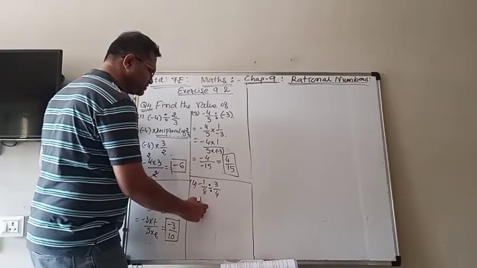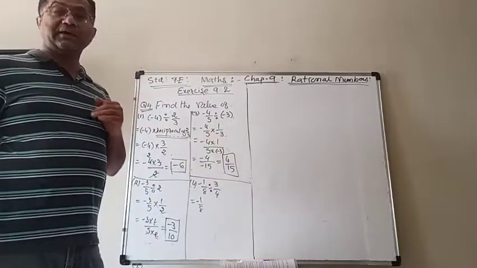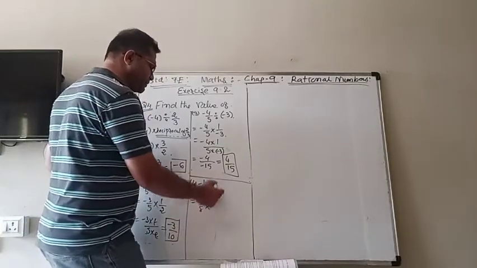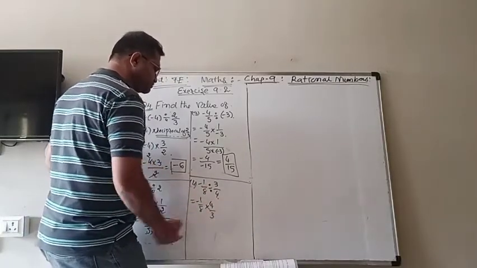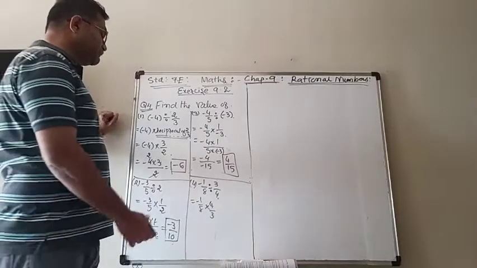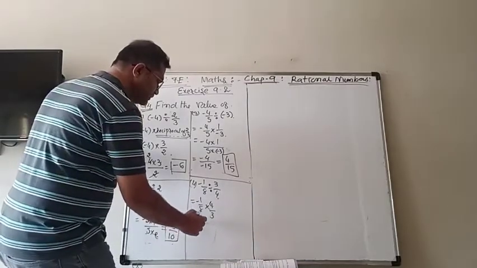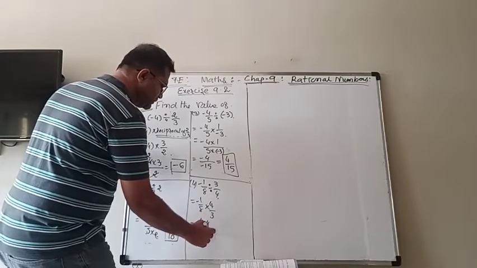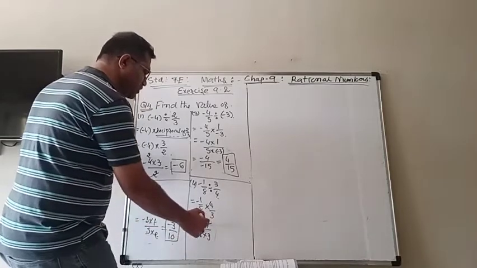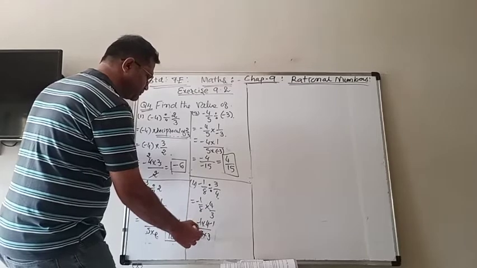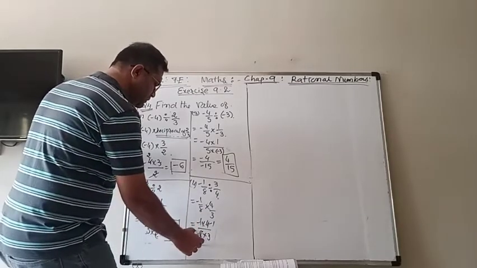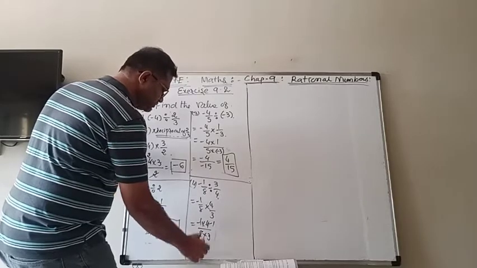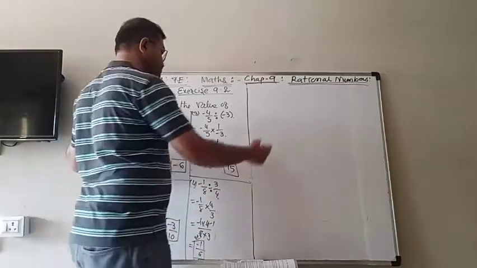First number is as it is, minus 1 upon 8. Divide by is converted into multiply, and reciprocal of 3 upon 4 will be 4 upon 3. That is minus 1 multiplied by 4, 8 multiplied by 3. Here you can see that 4 ones are 4 and 4 twos are 8. So that is minus 1 upon 2 threes are 6. That is the answer.